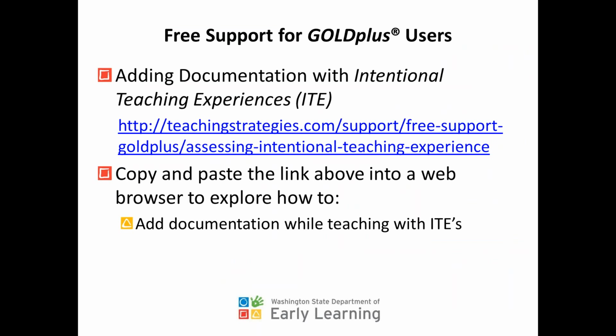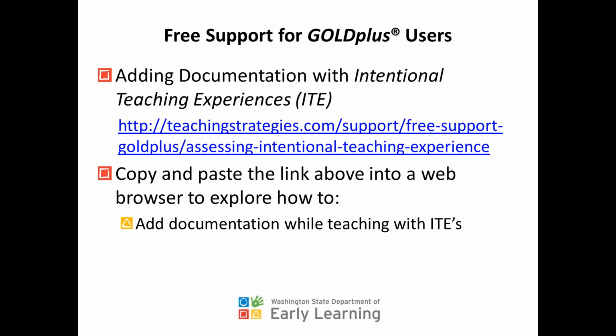In GOLDplus, you can assess children's skills, knowledge, and behaviors. And you can watch this video or read the companion article to find out how to teach and assess children's skills. This will allow you to add a system-generated observation note explaining the experience as well as any included preliminary levels.